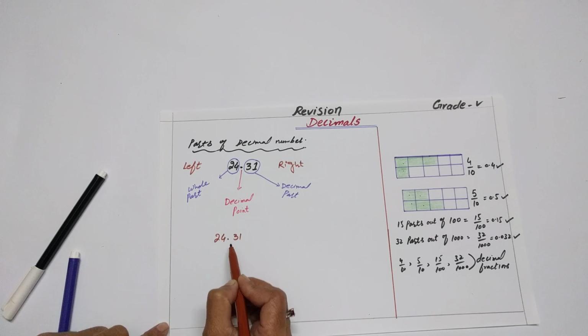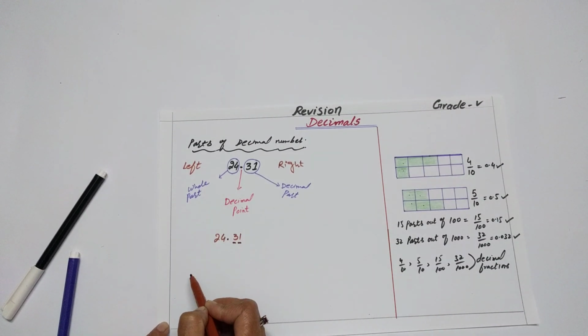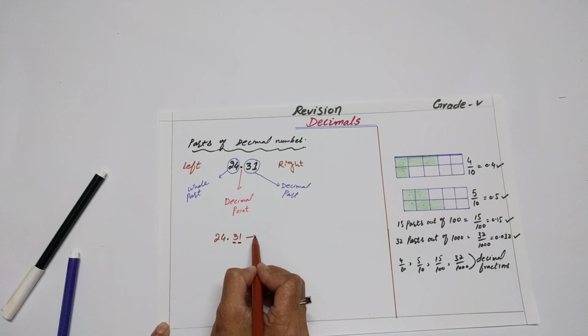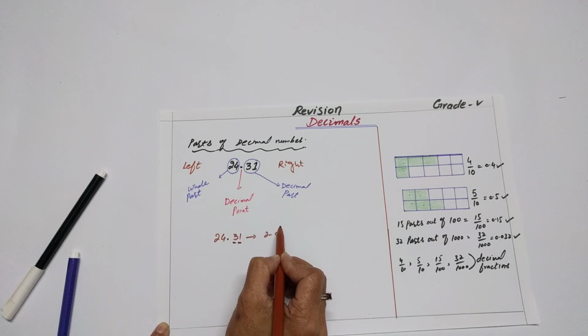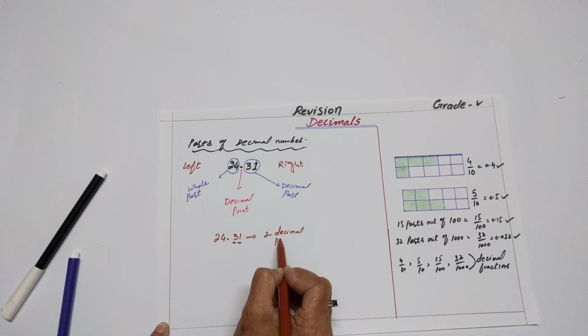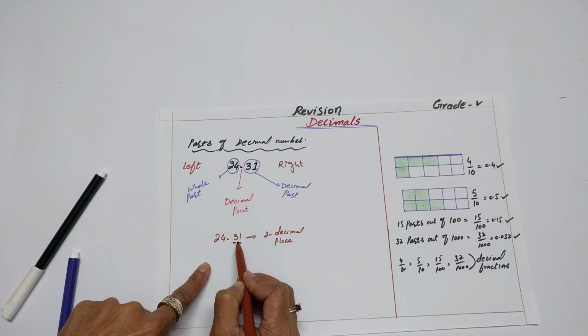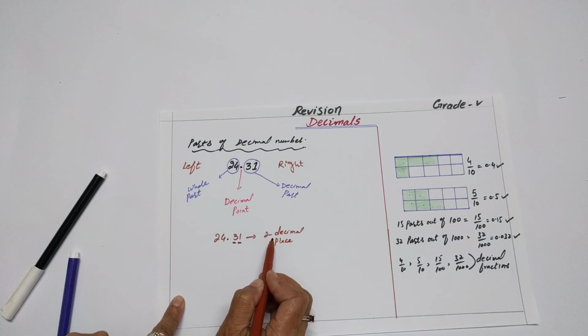After the decimal point we have two digits. So this is called two decimal places, because the number of the digits after the decimal point is 2.